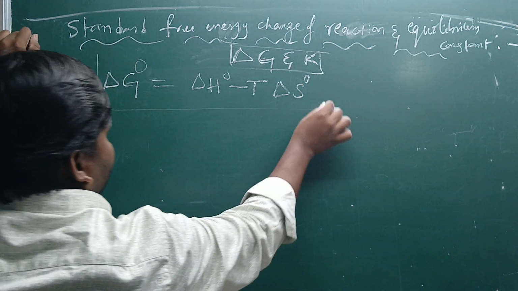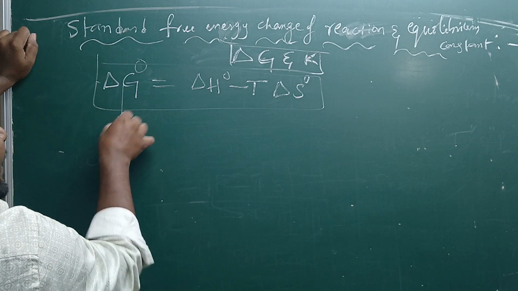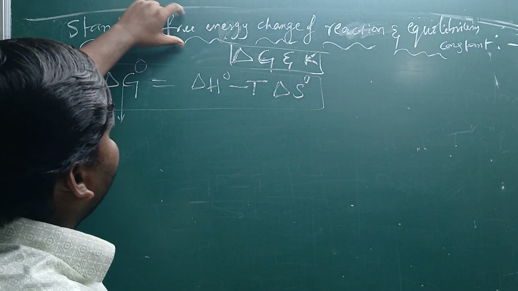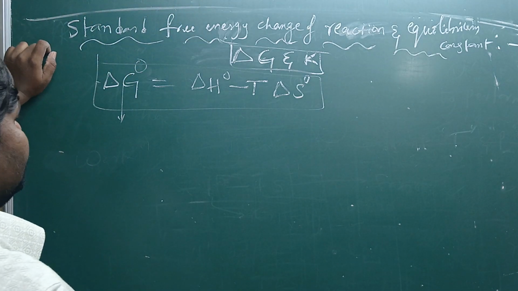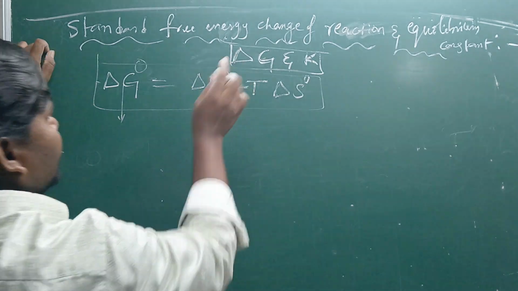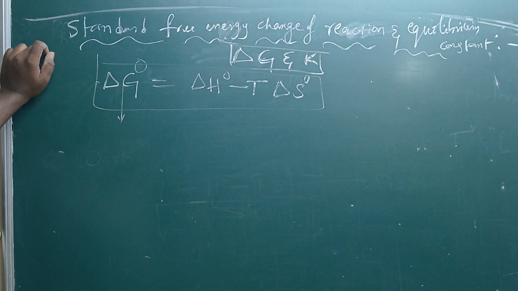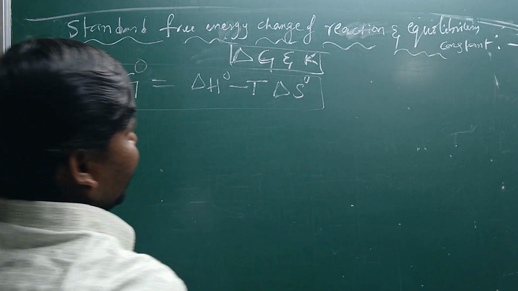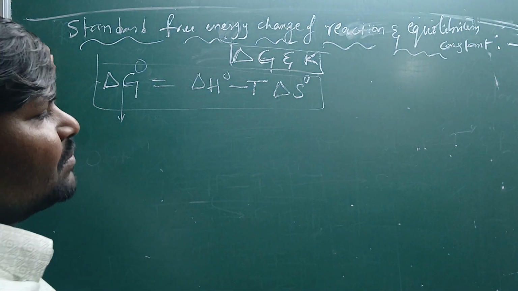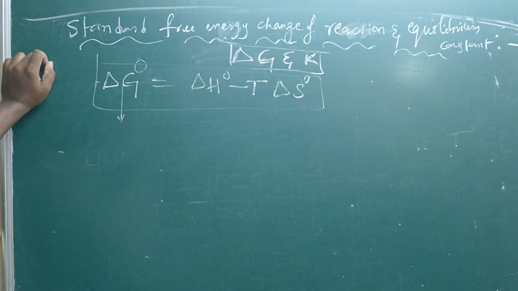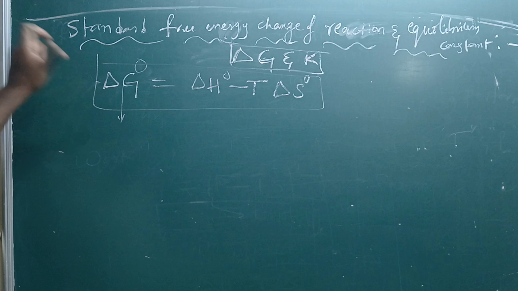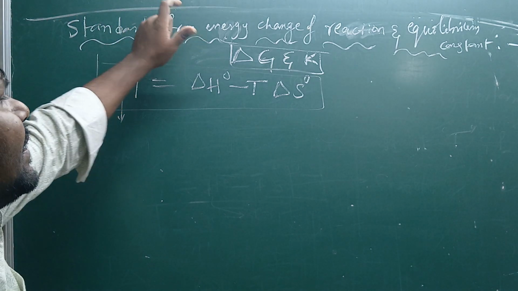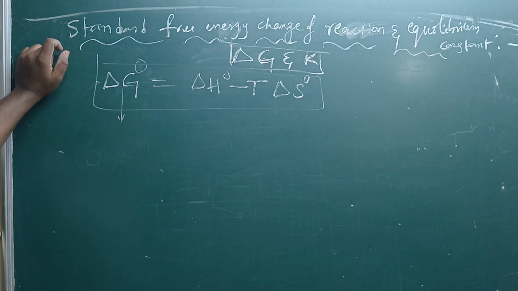This naught indicates standard free energy change, delta H naught is the standard change in enthalpy, delta S naught is the standard change of entropy, and T is the absolute temperature. This is the mathematical expression of standard free energy change.